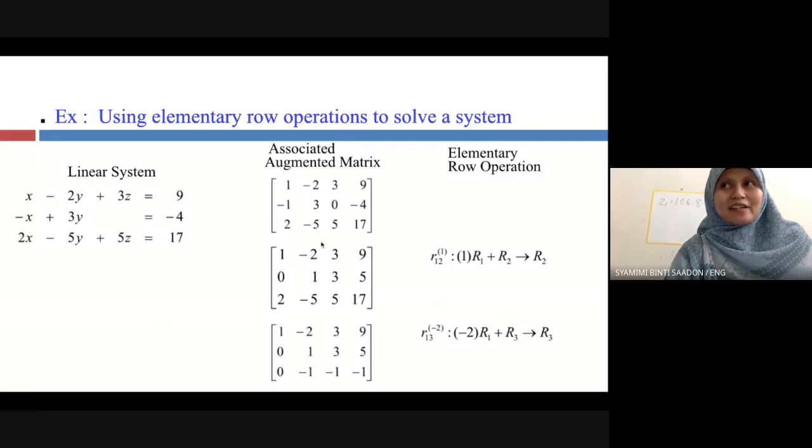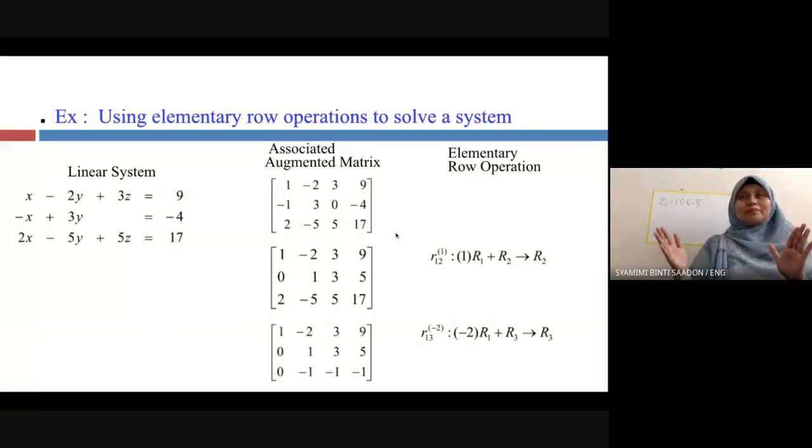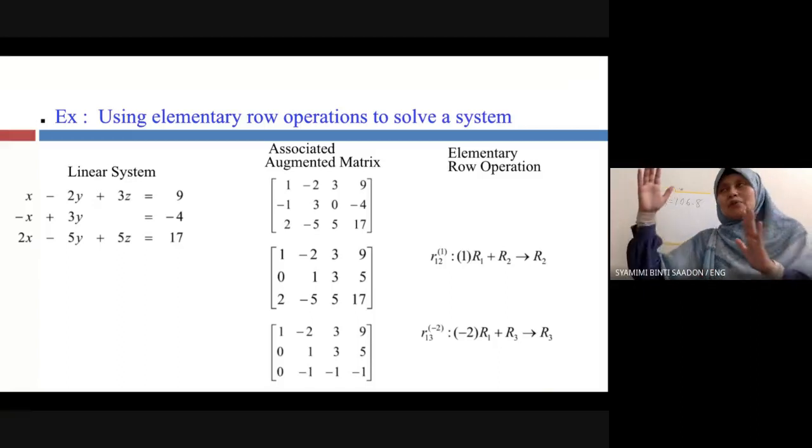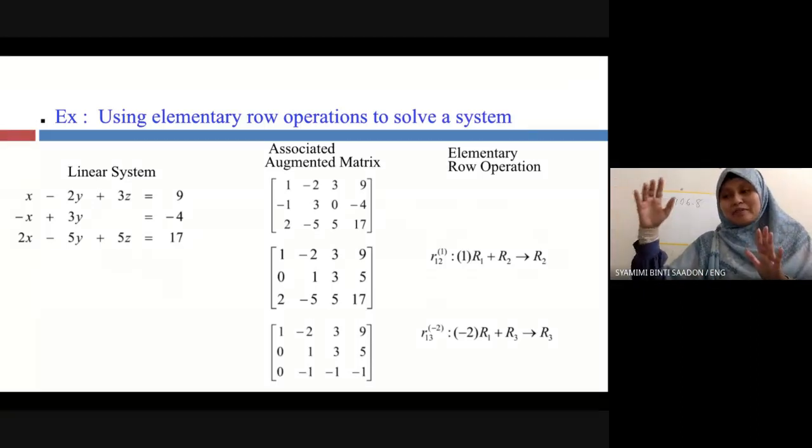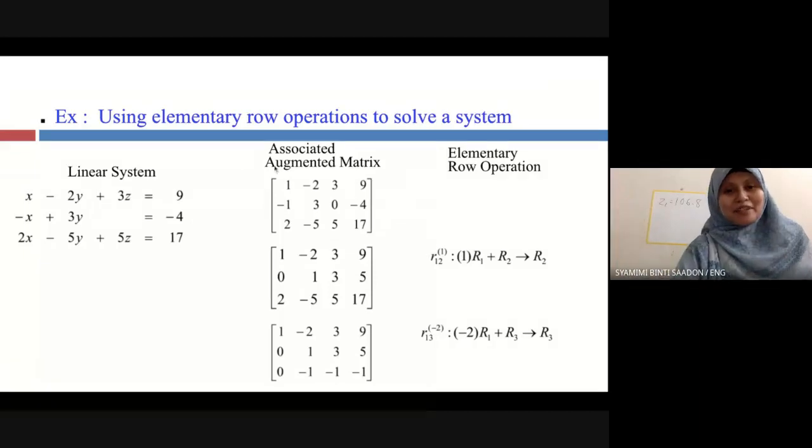The difference is that normally we have a 3 by 3 matrix, but here, for Gauss elimination, we include the right hand side values into the matrix as well.